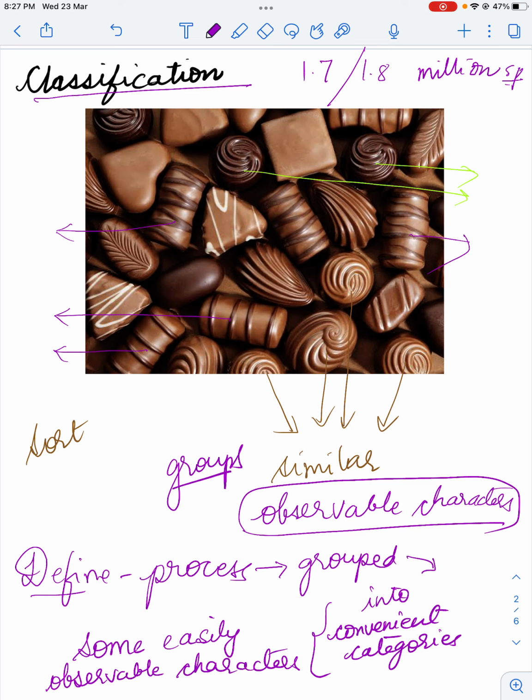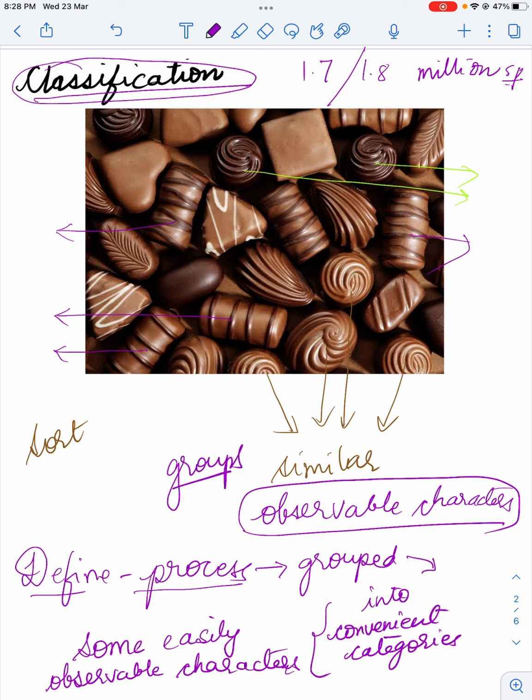Let me reiterate that for you. We have understood the definition of classification and the need for classifying living organisms with the help of a simple example of a box full of chocolates and segregating them out.